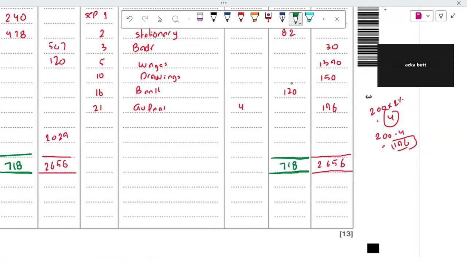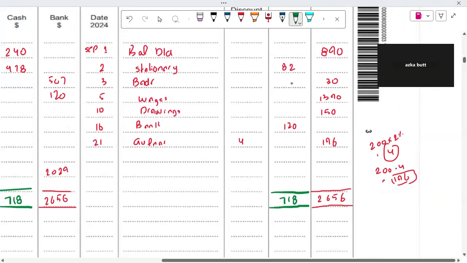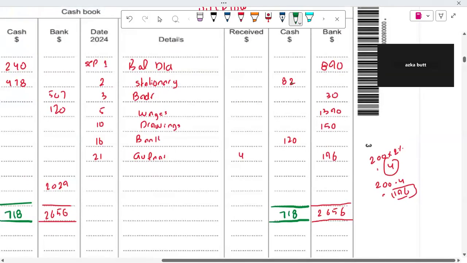Now deduct 82 and 120 from the 718. 718 minus 82 minus 120. This is 516.